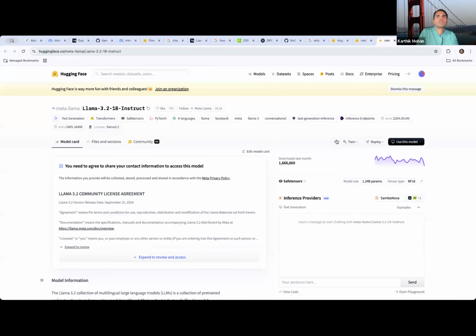Let's look at that here. So this also has an inference provider. You don't need the Instruct version. You don't need the inference provider for this because you can probably load it on your Colab notebook. But you can definitely test it out if you want to use inference and understand that.